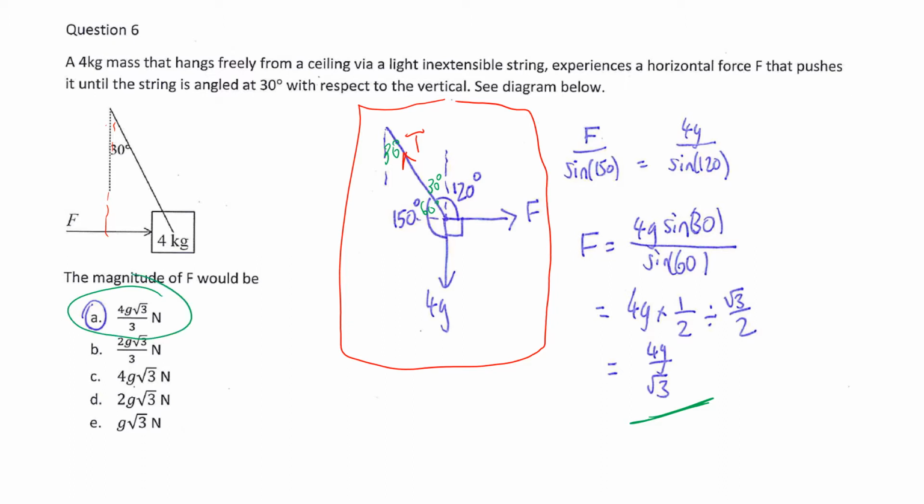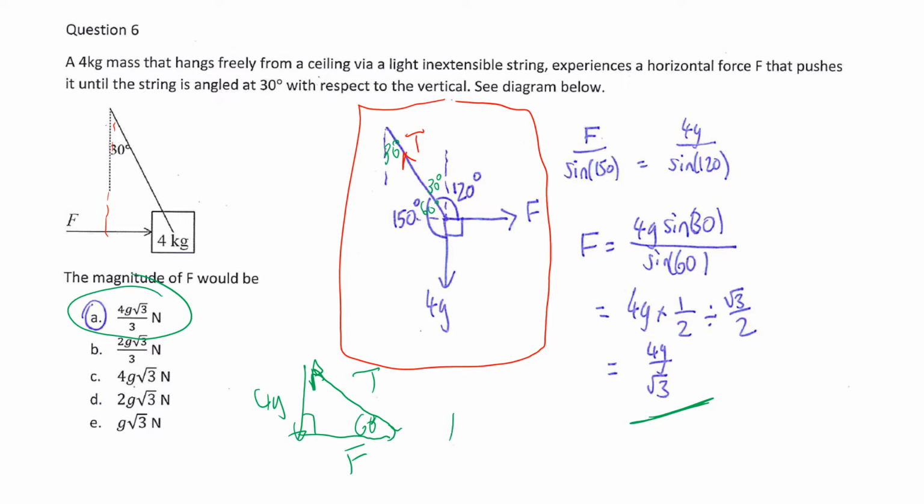All right, now of course, being right angles, you could have easily created a triangle of forces, so it could have been 4G, you've got your F, and then the angle between F and T, so it must be 60 degrees in here, and you could have gone about it just straightforward with our tan, as it turns out.